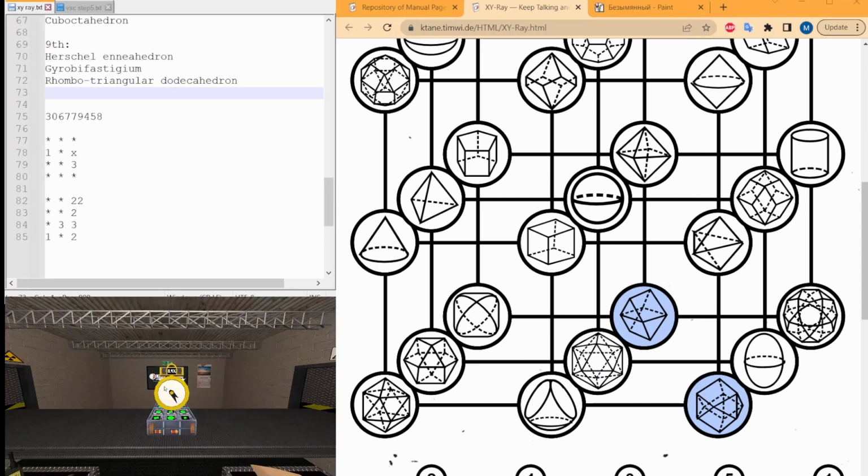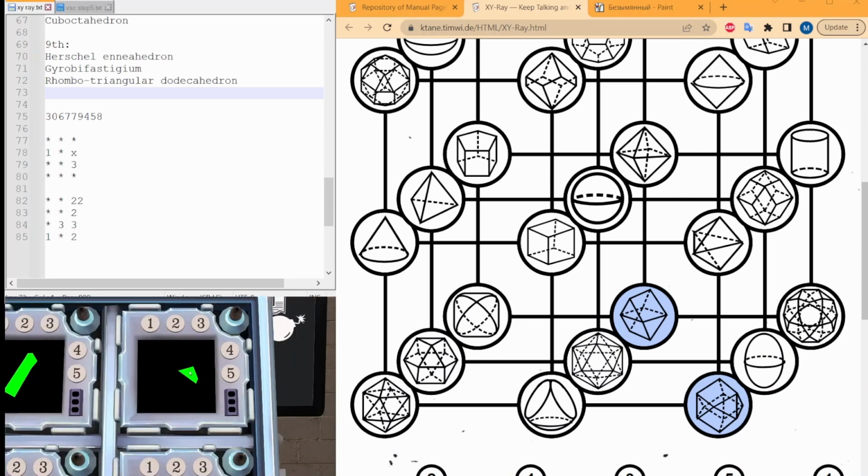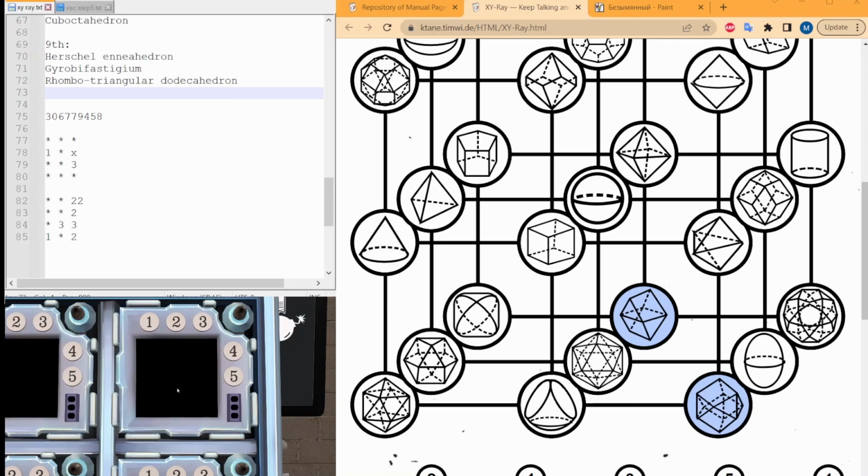Actually, let's make it slower so it's easier to explain. One, 2, 3, 4, 5, 6, 7.